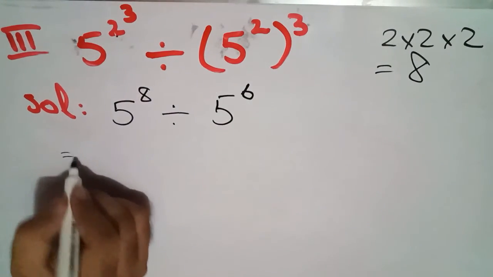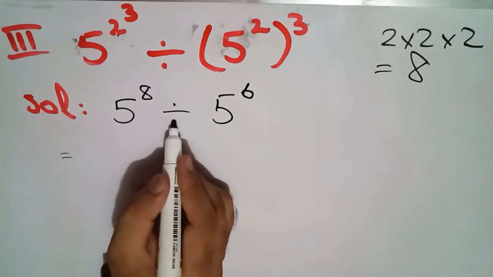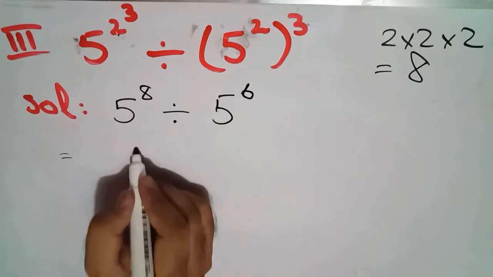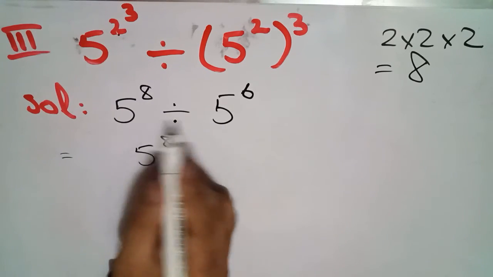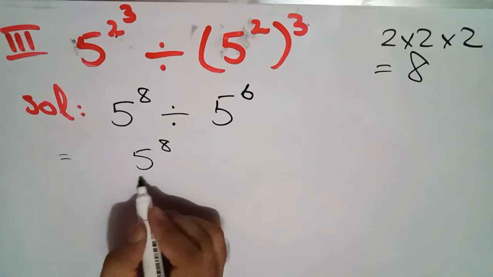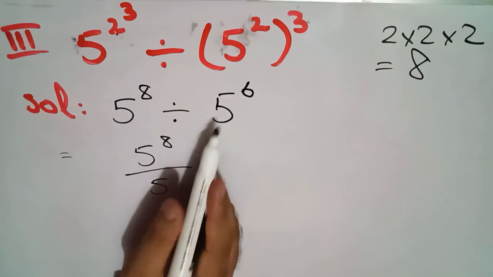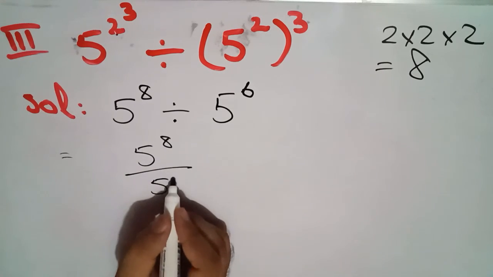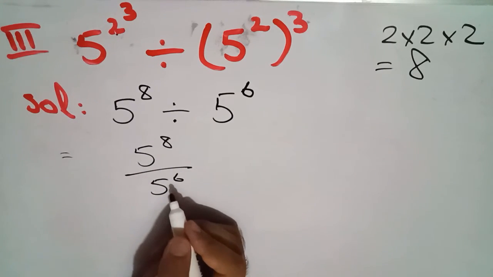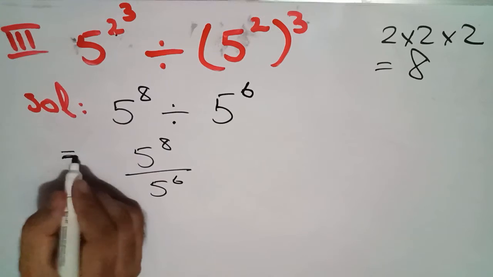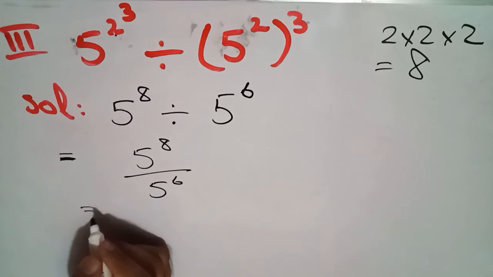So we can simplify it. It is a sign of division. You can change this form into this one: 5 raised to power 8 divided by 5 raised to power 6. I have just changed the form. Okay, now I will solve it.